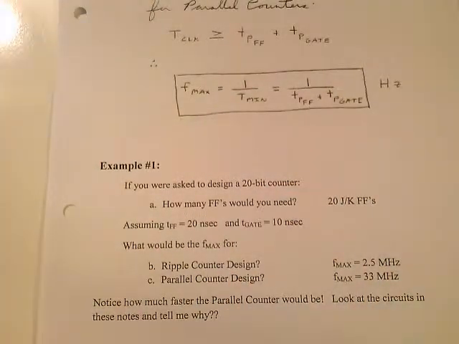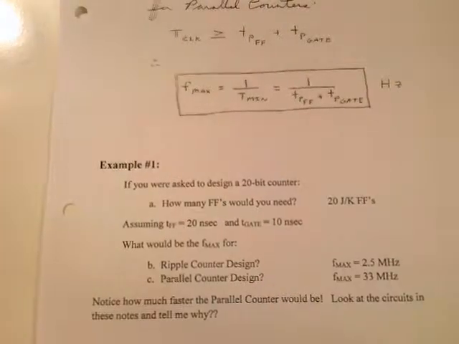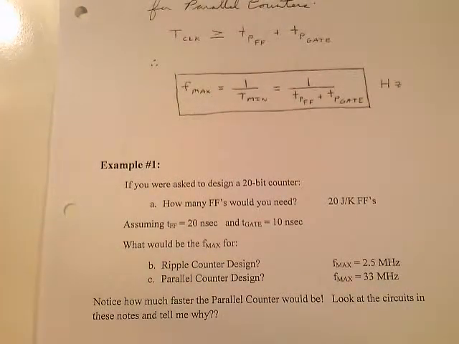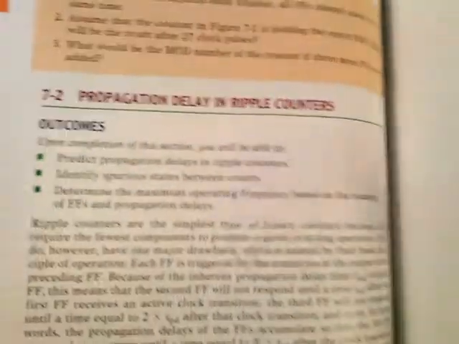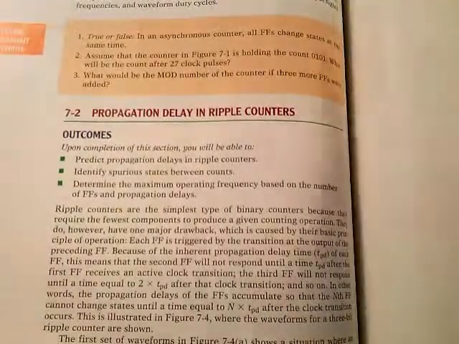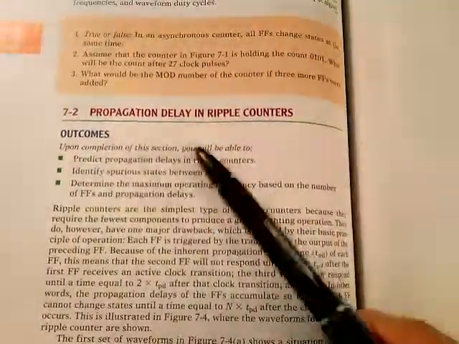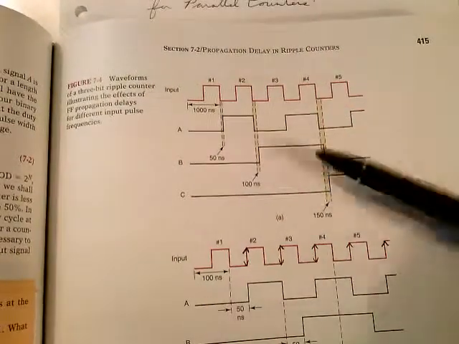And I want you to compare that equation to the propagation time in your book here. If you would have read it, you would have seen for ripple counters, we have propagation delay in ripple counters can be a problem. And they explain that problem over here.